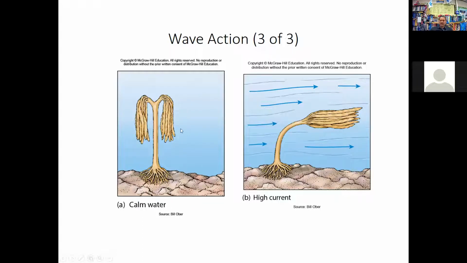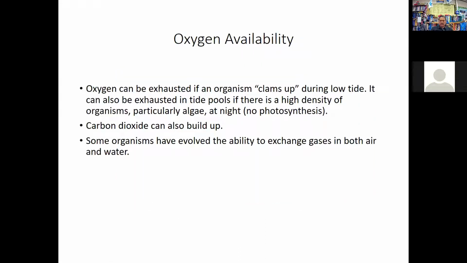Here's another one. This guy is standing up straight, but when the wave comes, it's able to bend and minimize the effects of the wave on the organism itself. So there are different ways to do it: you can crouch down, you can just go with the flow, or you can stick really well.